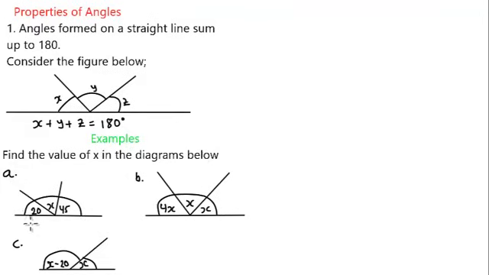Now with the A, we are seeing that we have a straight line here and then some angles on it. And so this forms angles on a straight line. And we are saying that angles on a straight line sum up to 180. And so when we add 20 plus x plus 45, it should be equal to 180. So let's do that. We are going to have 20 plus x plus 45 is equal to 180 degrees.